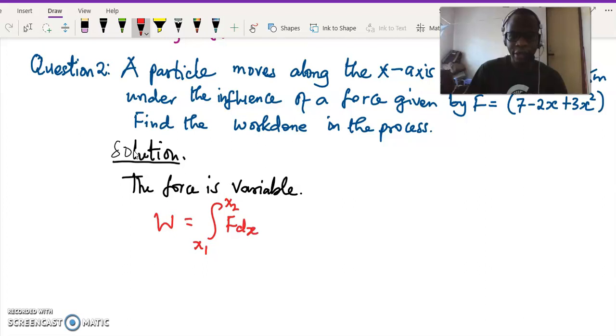Now F here is variable, and changing the displacement is what we call dx. And we were given the equation as F equals 7 minus 2x plus 3x squared.